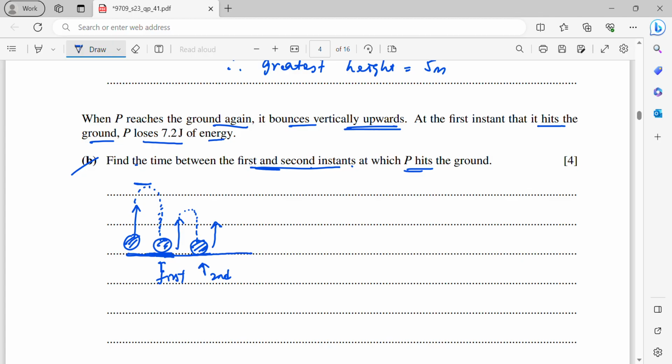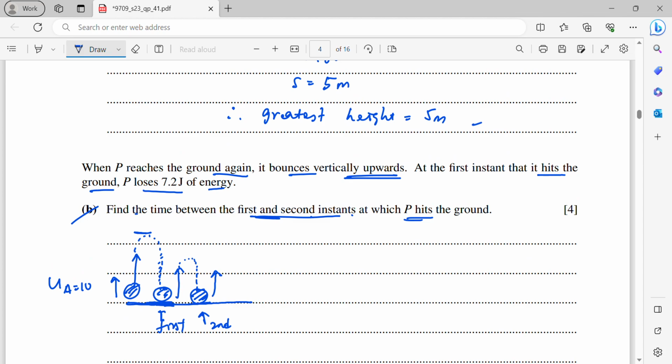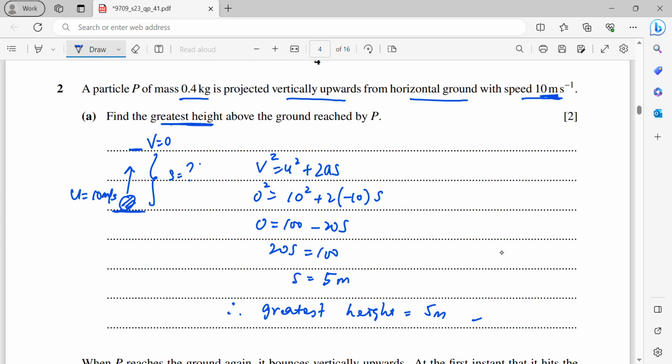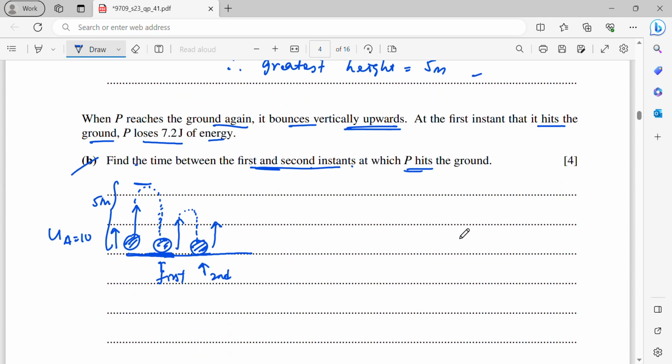Okay, so from here we know that initially the U is 10 meters per second. We have found that the height is 5 meters. So this is 5 meters. Just now we know that M is 5, the S is 5.